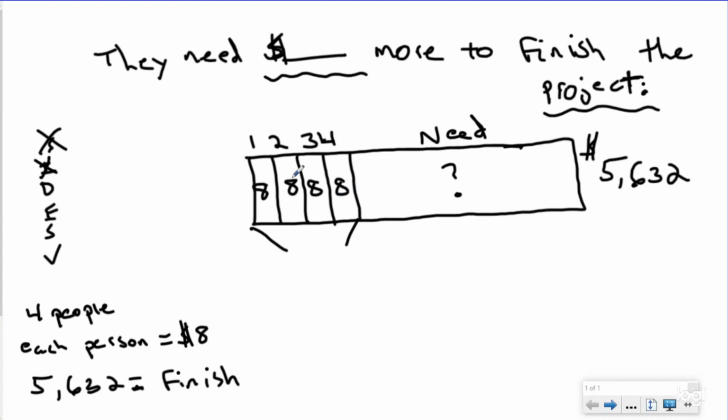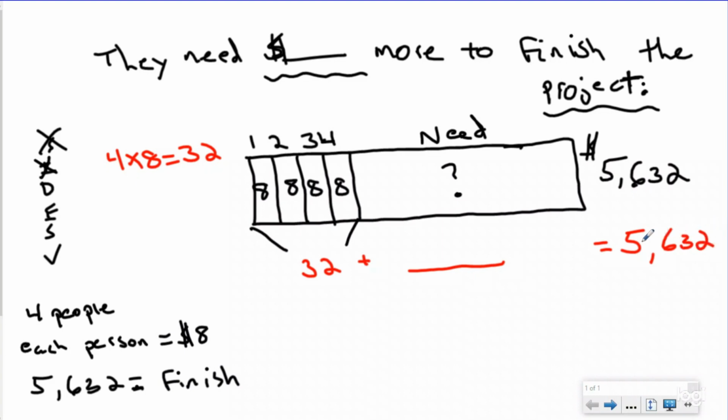So this is a basic fact right here. If I have 4 groups of 8, that multiplication would look like this, and I know that's 32, which means so far we have $32. What else do we need to add to that to equal 5,632? So I did one step, but I'm not done yet.